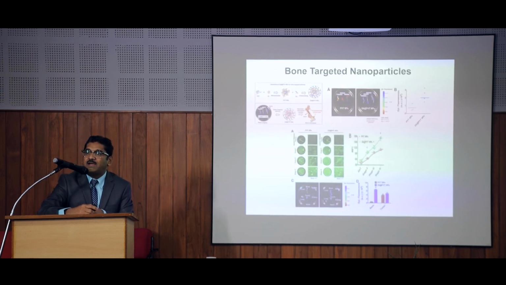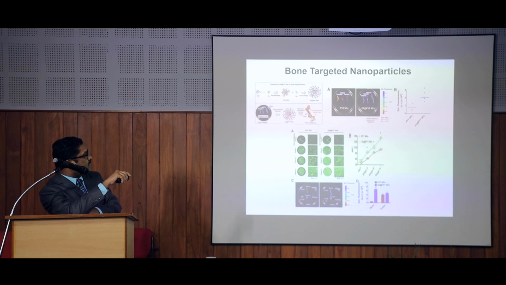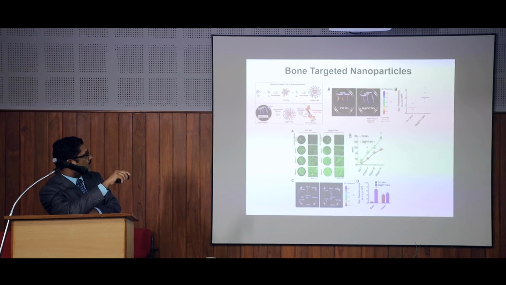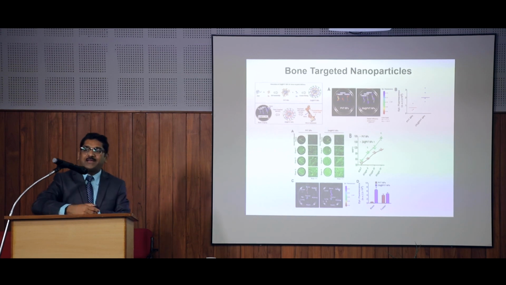So if we have tumors that have already metastasized to the bone, we need a formulation that can go more effectively to the bone, right? Here we have again constructed a tannic acid based formulation that is coated with zoledronic acid.